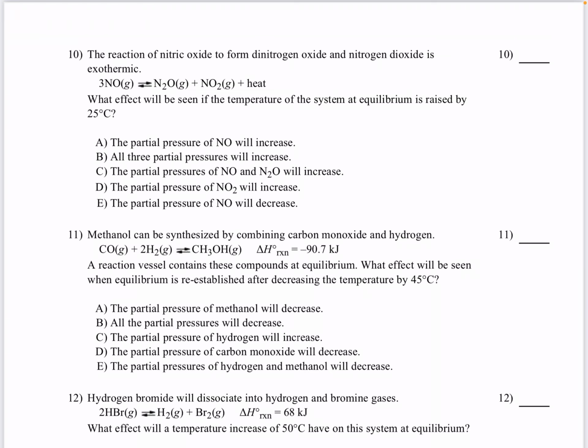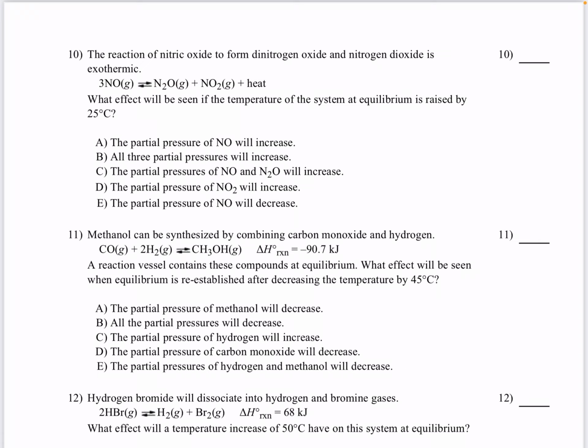Otherwise, with a change in concentration, pressure, volume, or number of moles, the position of the equilibrium shifts, either forward or reverse, but the equilibrium constant doesn't change, because it readjusts to get the same Kc, the same ratio of products to reactants. Concentrations may change, but the ratio doesn't change.